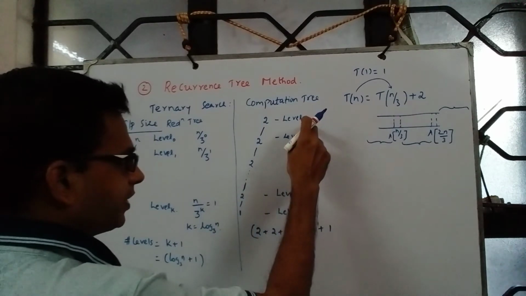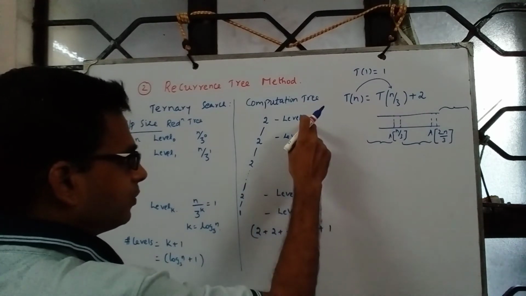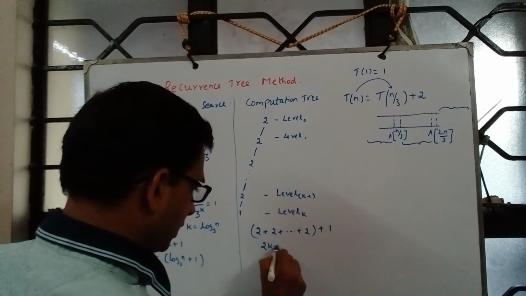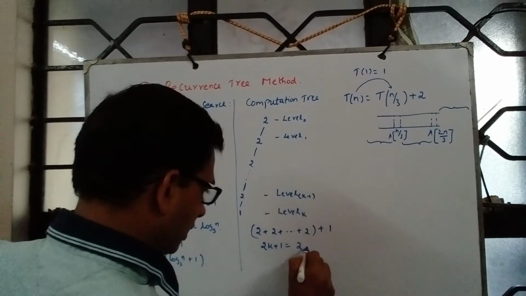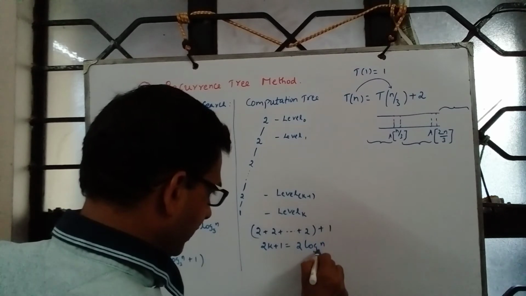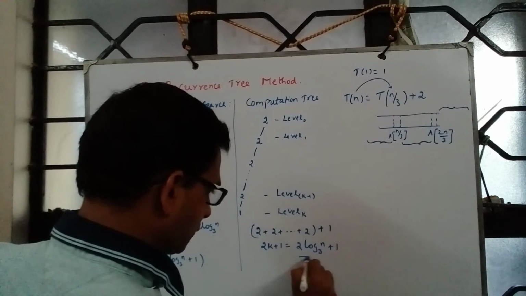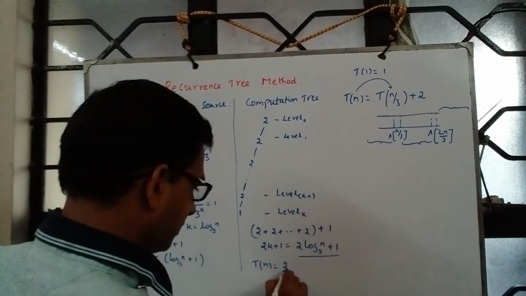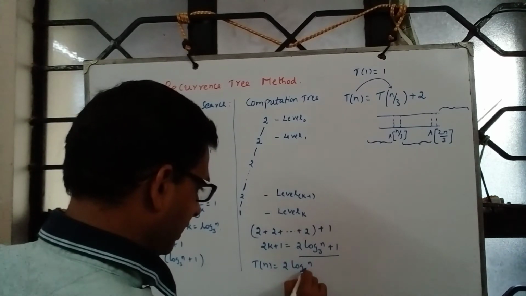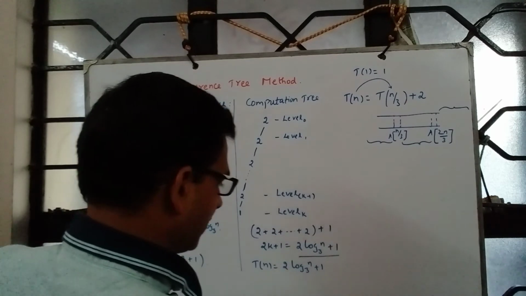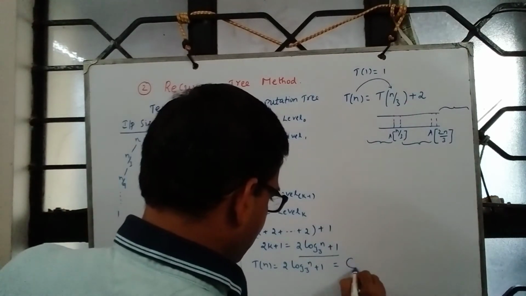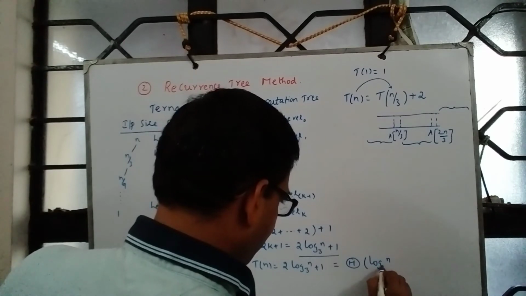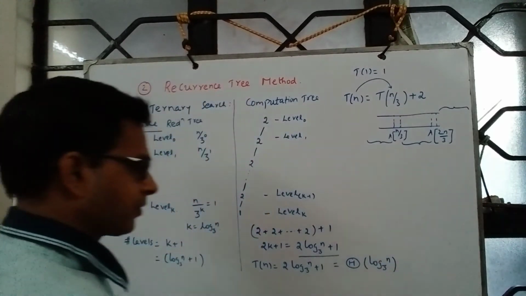And at how many levels do we see 2, starting from 0 to k minus 1, which means it is 2k plus 1, or 2 into log n base 3 plus 1. So the time complexity of this algorithm is 2 log n base 3 plus 1, and in the asymptotic sense, this is theta of log n base 3.